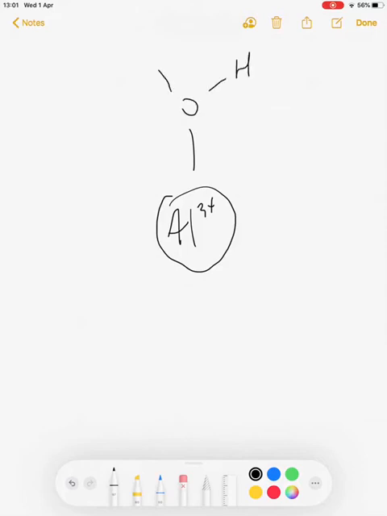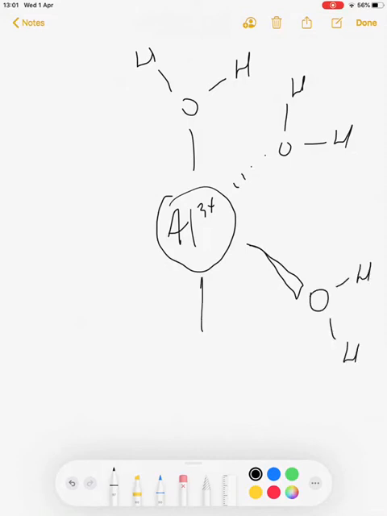So essentially what we've got is aluminium 3+ in the centre here, and then I've got my 6 waters which I'm putting on, which are displayed.